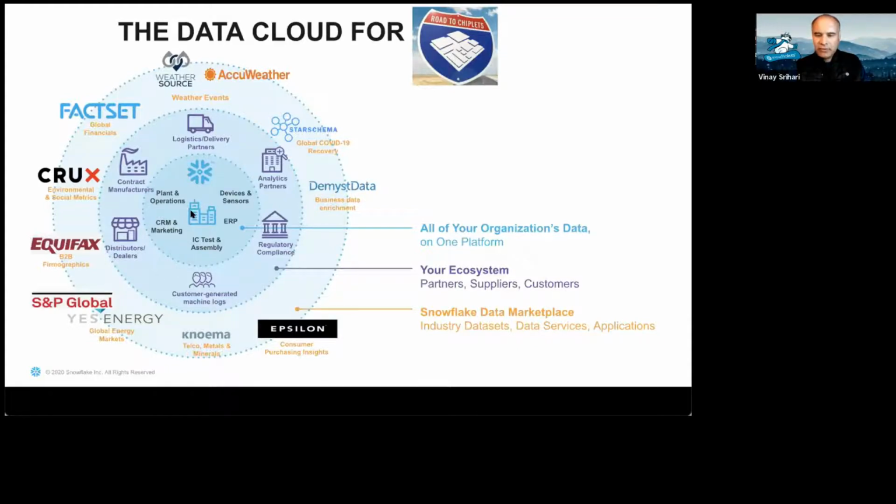It's relevant, and it's data that you can blend with the inner layers of data, the ecosystem and the internal data. The whole idea is to get insights about your processes, identify bottlenecks, and anticipate events that are happening. This is what we refer to as the data cloud, or the content piece of that data cloud, for manufacturing.